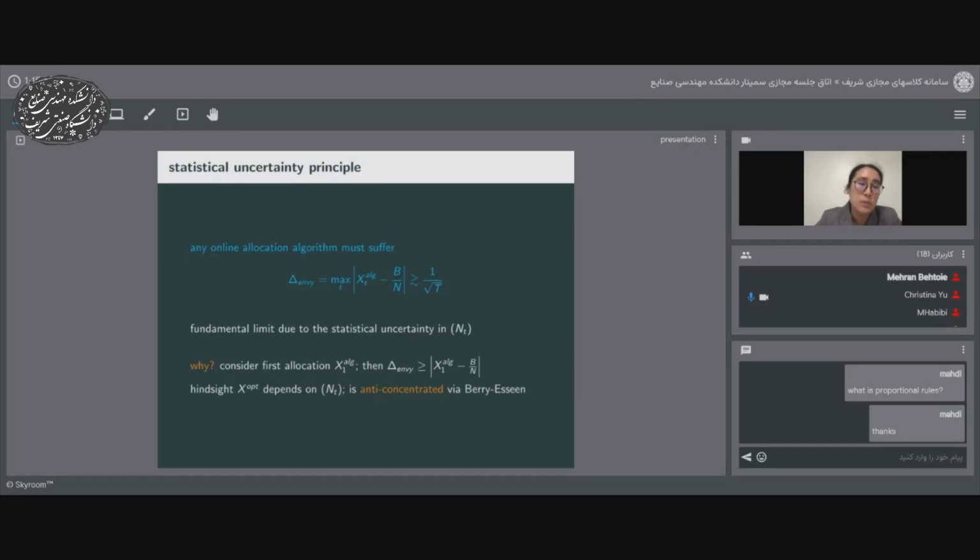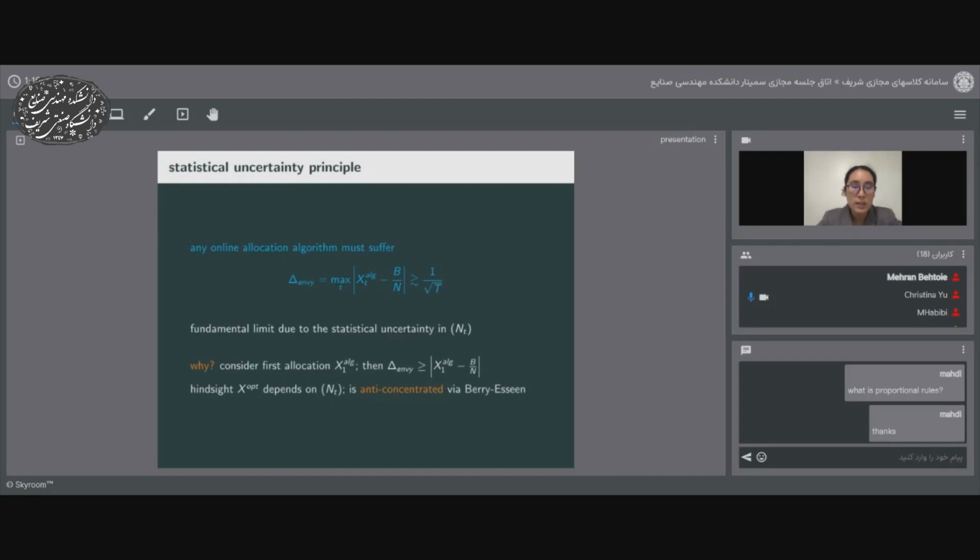Round 1 is going to be the critical round that results in this negative result, because round 1 is when you have the least information. And so how you would show that this delta NV is lower bounded is to show that this demand n is anti-concentrated, using Berry-Esseen.